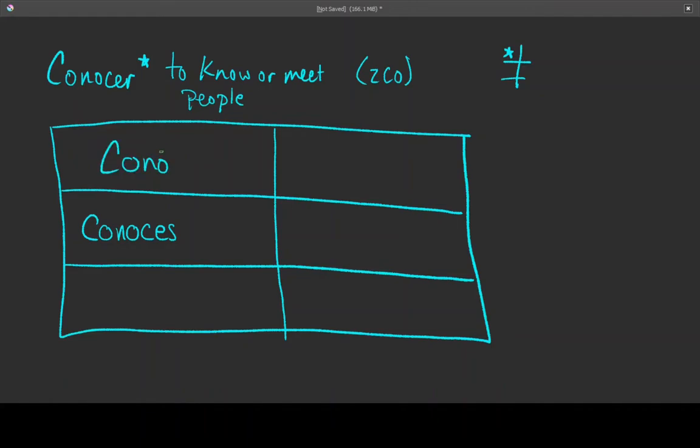in order to retain that soft consonant sound of the C, the S sound, we're going to put a Z right there, and then we're going to finish it off with CO. One of the things I often talk about in my Spanish classes is the fact that the letter C, as in cat, and the letter Z, as in zebra, are kind of sister letters in the Spanish language.